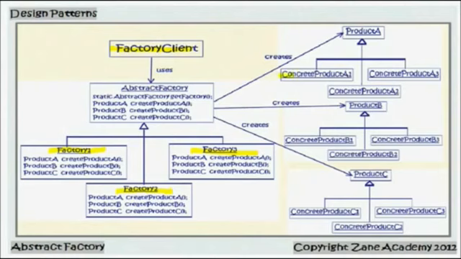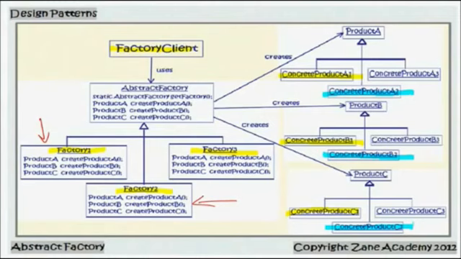So it could be needing to create concrete product A1, concrete product B1, and concrete product C1. So this would be factory 1 needing to create those products, and maybe factory 2 needs to create concrete product A2 and concrete product B2 and concrete product C2.